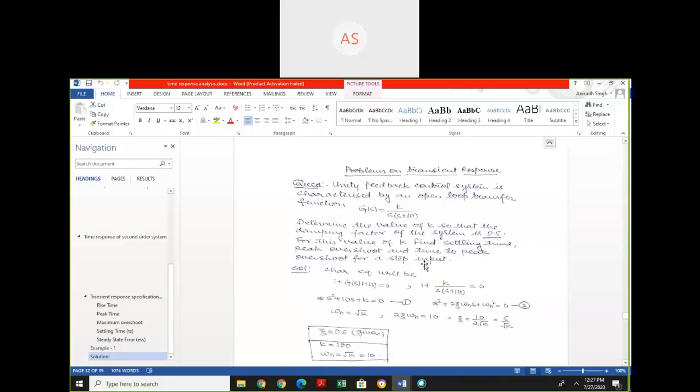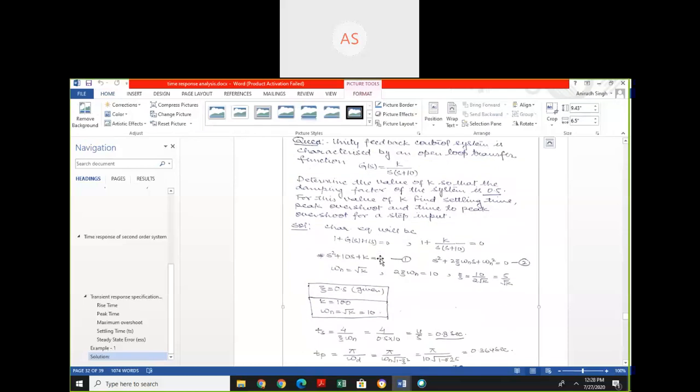In this, given is GSHS, the open loop transfer function, and the damping factor zeta is given as 0.5. You have to determine the value of K, and after finding the value of K you have to calculate settling time, peak overshoot and time to peak overshoot, meaning Tp.